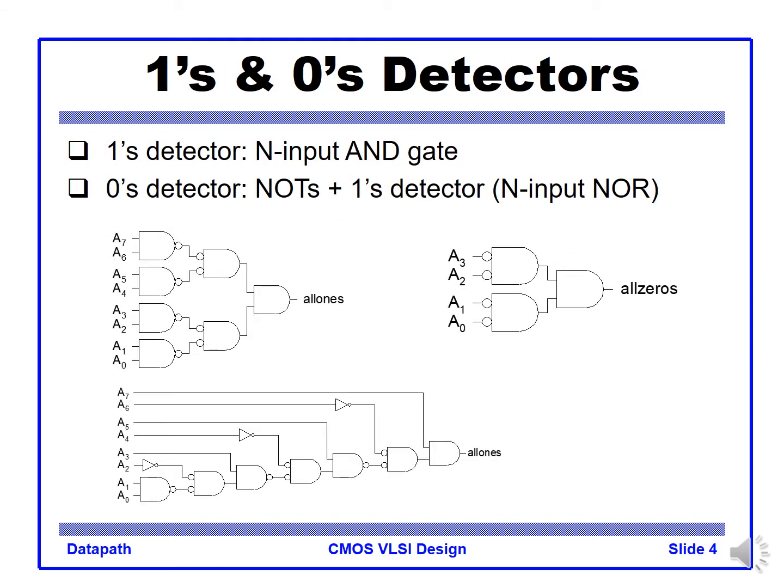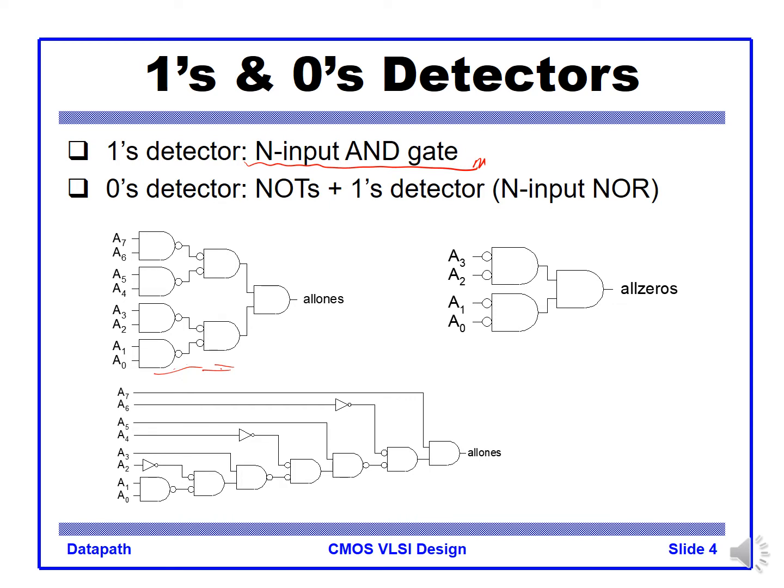Ones and zero detectors. For the actual implementation of the ones detector, we can have an N-input AND gate. The implementation is shown here. From the bubble convention, we know that a NAND gate is faster than a NOR.